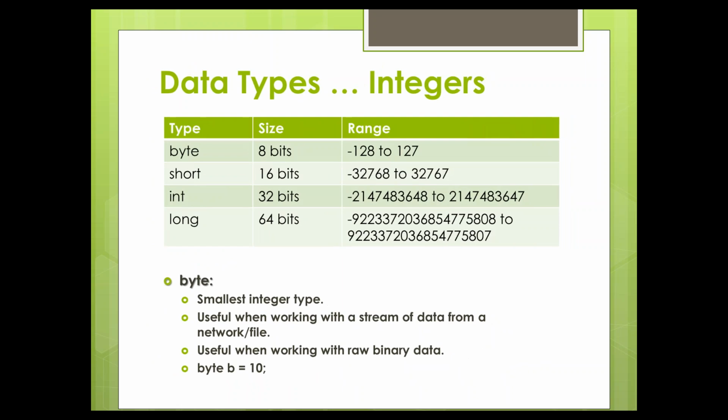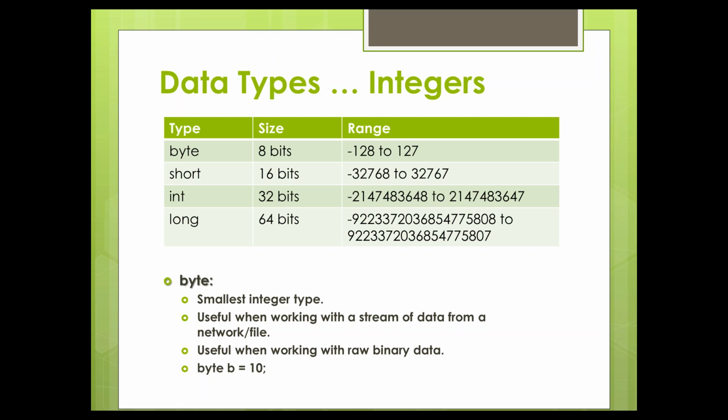So let's move on to these individual integers. We saw we have four different integer types: byte, short, int, and long. Byte, as we know, 8 bits is 1 byte. So this byte data type occupies 8 bits of memory.